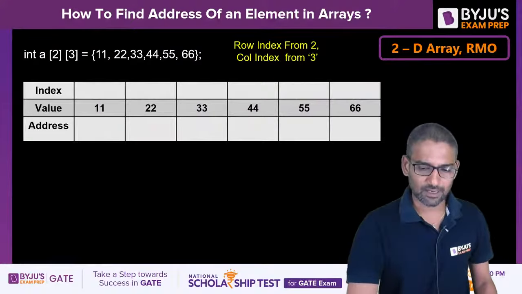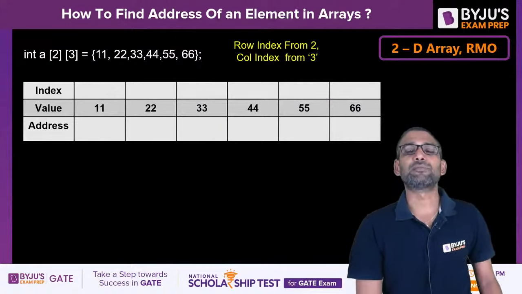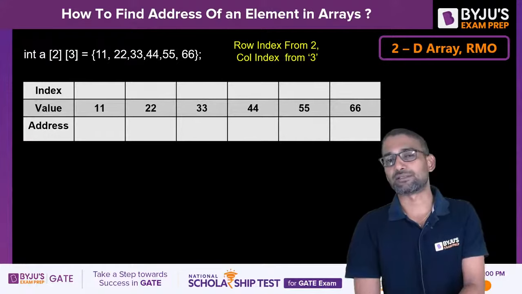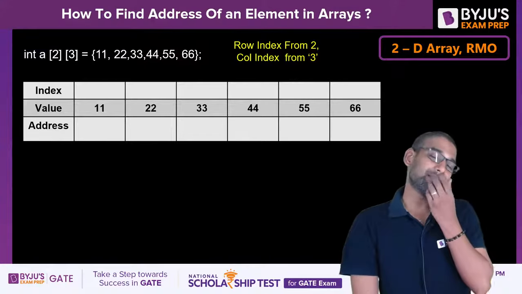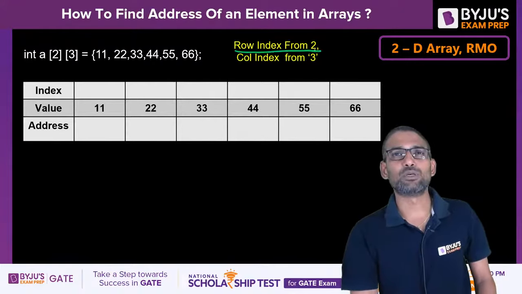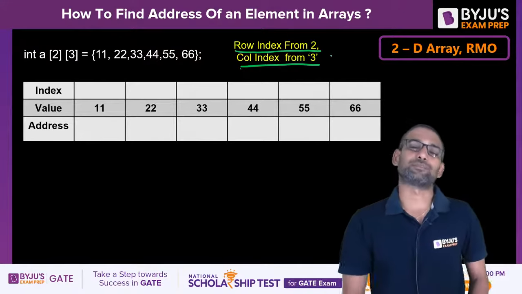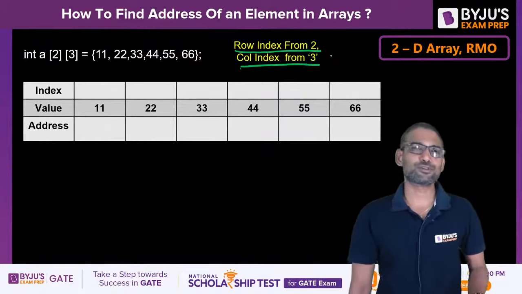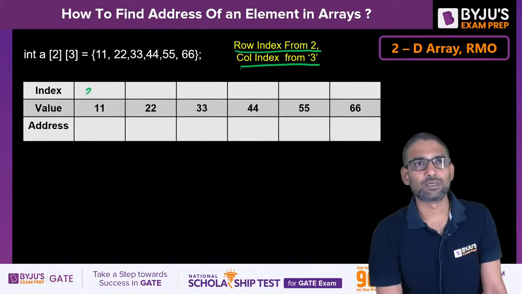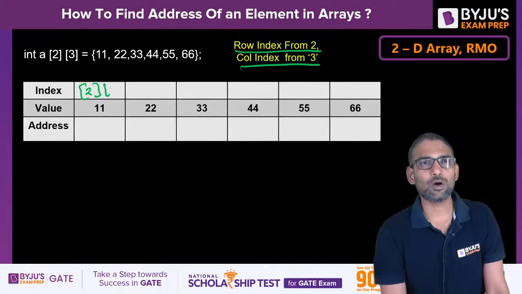In the same way, if the indexing starts from minus 3, it would be I minus of minus 3, J minus of minus 3. But it can also be given like row index is from 2, column index is from 3. Of course, it is possible. So row index is from 2, column index from 3.